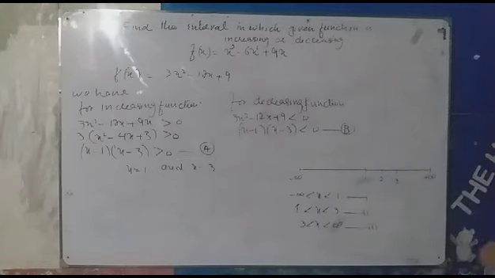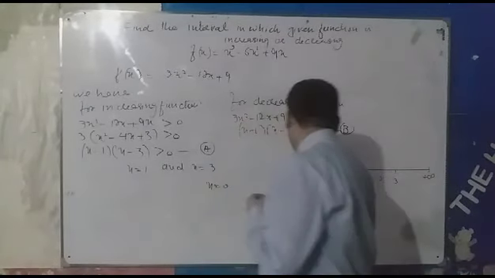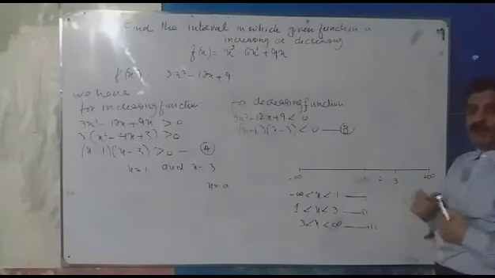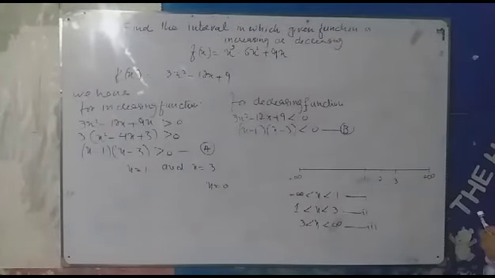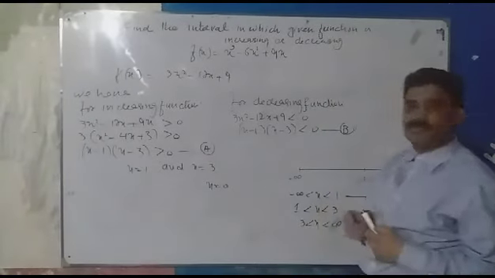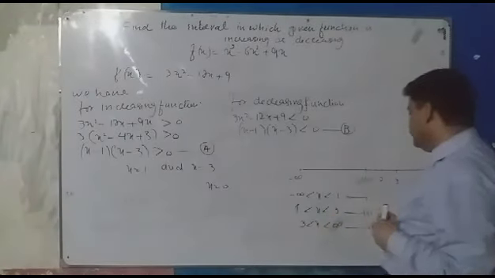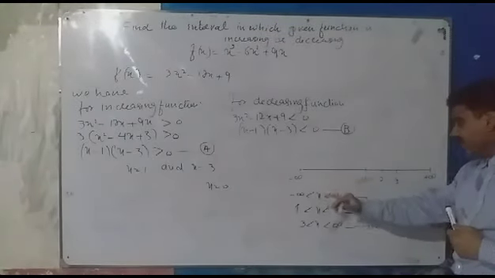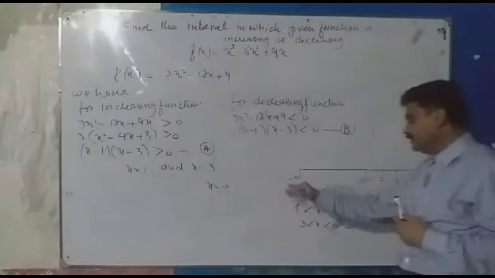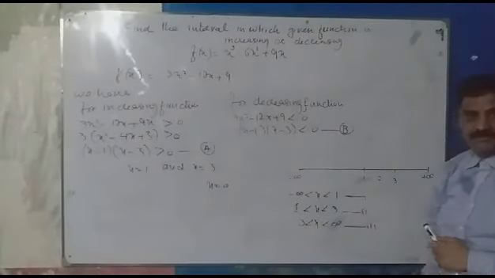Suppose we take x is equal to 0. x is equal to 0 is a point which belongs to this interval. When we replace x with 0 in inequality A, we get a positive real number which satisfies this inequality. We can say that x less than 1 and greater than minus infinity is the interval for which the given function is an increasing function.